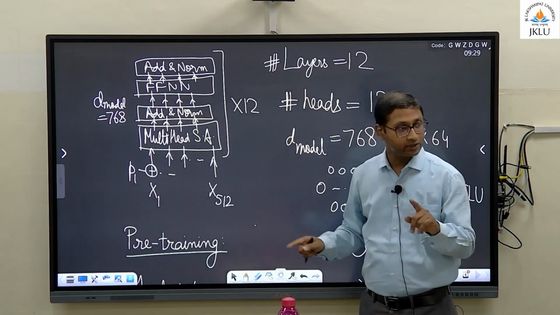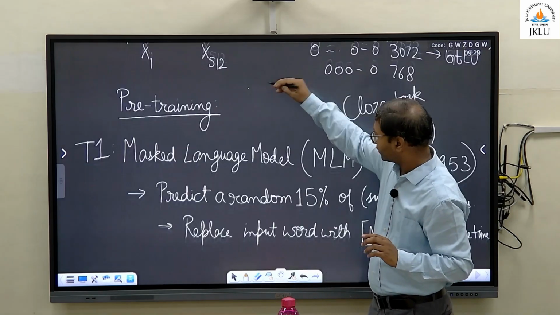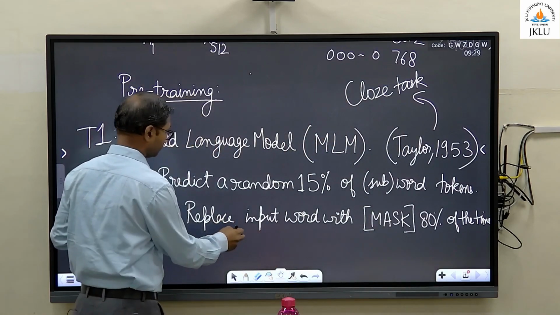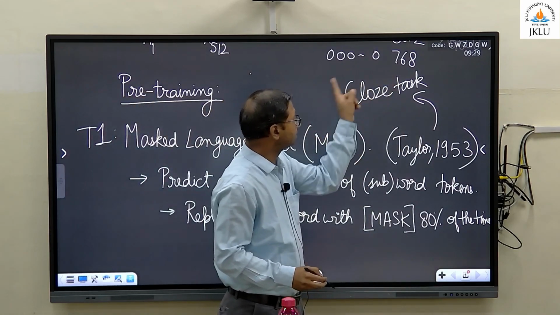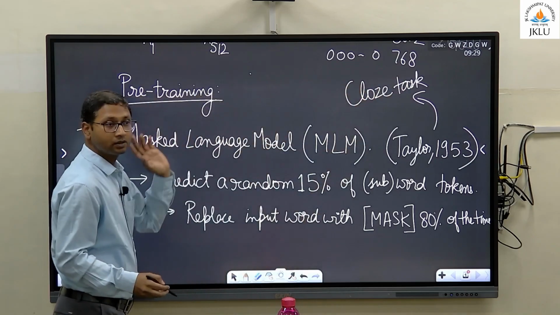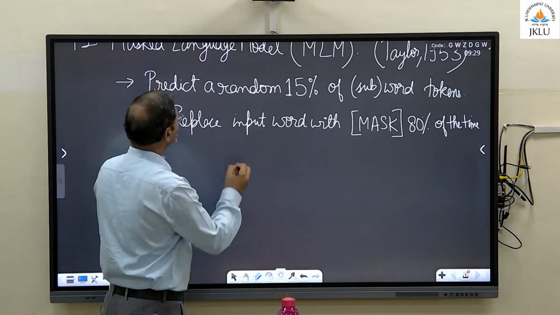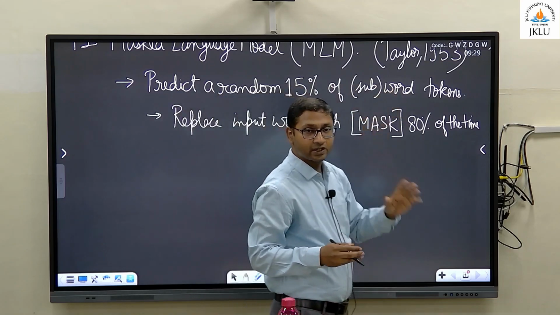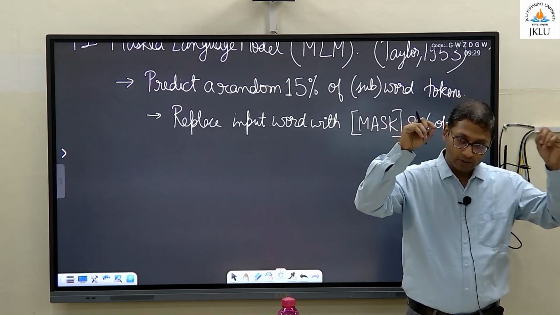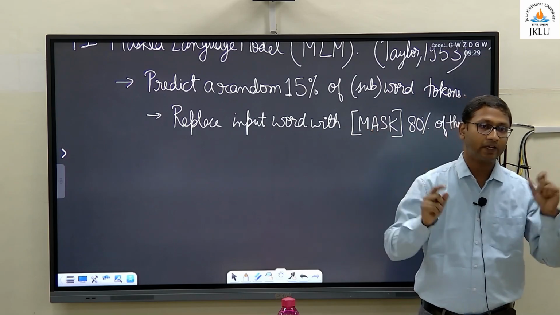What you are doing is called masked language modeling. It was originally called the cloze task, and now you are calling it masked language modeling. So 15% of your corpus will be masked, and your model is supposed to predict the right word there.